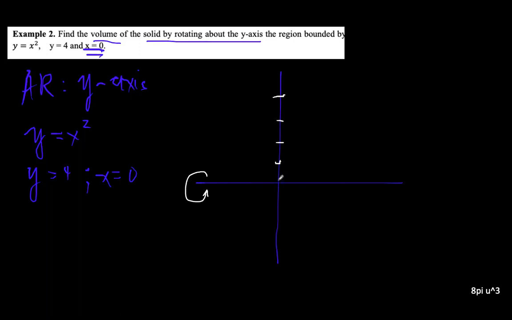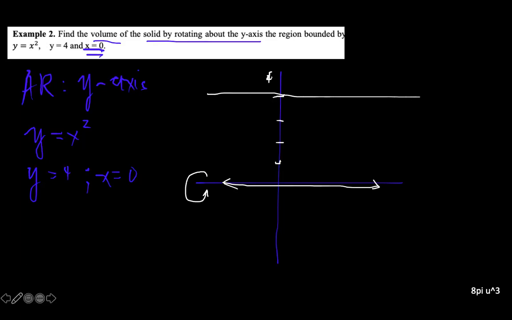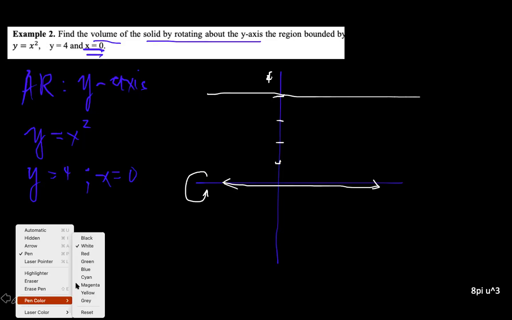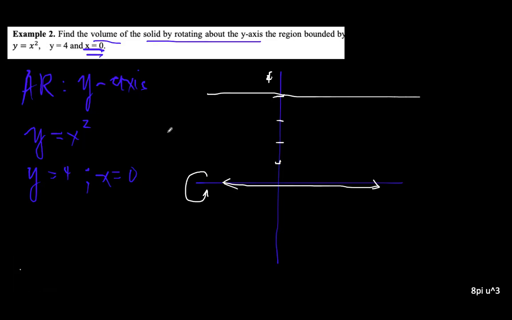X equals 0. Y is equal to 4. And let's change the color. Y is equal to x squared.